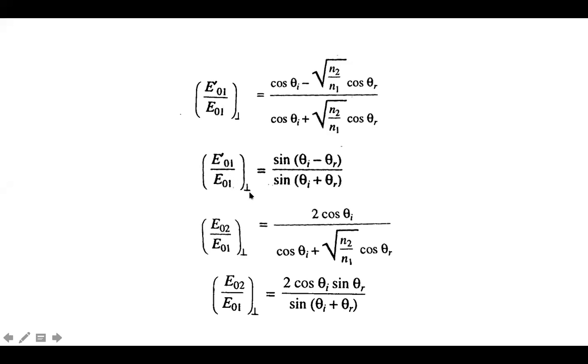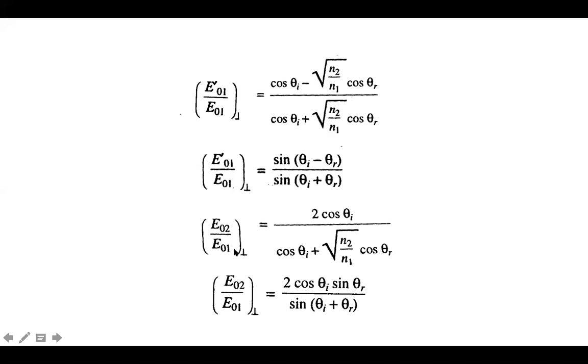This is also the tangential or perpendicular component, because we are considering the polarization and we are saying the perpendicular components. And here, this is for the second medium, the maximum electric field intensity for the second medium in comparison with the incident wave. Here also the same, E2 in comparison with the incident wave.